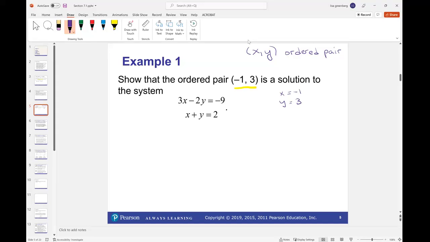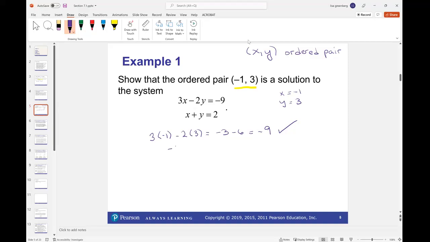So for the first equation, we have 3 times -1 minus 2 times 3 equals, well, let's see what it equals. Instead of saying it's equal to -9, let's see what it equals. So 3 times -1 is -3. Minus 2 times 3 is -6. Minus 3 minus 6 equals -9. So it works for that one equation. Now let's plug it into the second one.